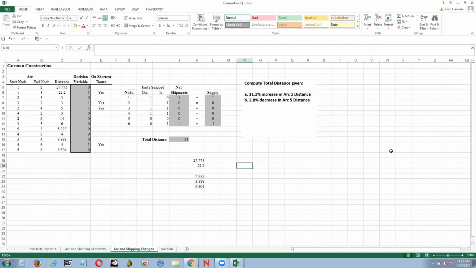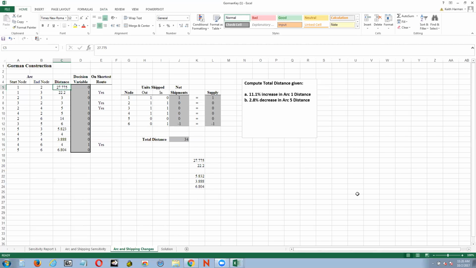And so I'd ask you to compute the total distance, given an 11.1% increase in arc 1 and a 2.8% increase in arc 5. Okay, and so we do that, and on arc number 1, I have a distance of 27.75.